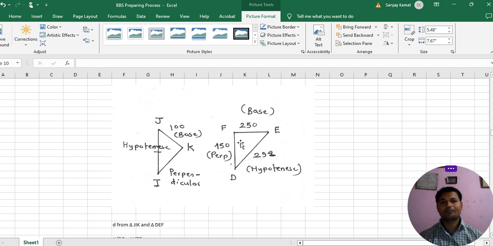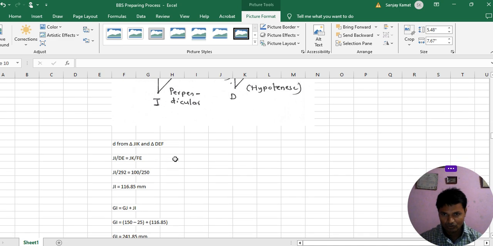This can be decided on the basis of the right angle triangle. In this figure, this is the right angle, and this is the hypotenuse, just opposite of the right angle, opposite of the 90 degree.